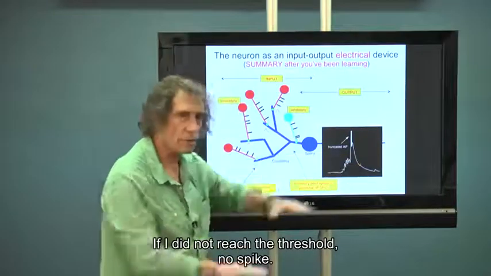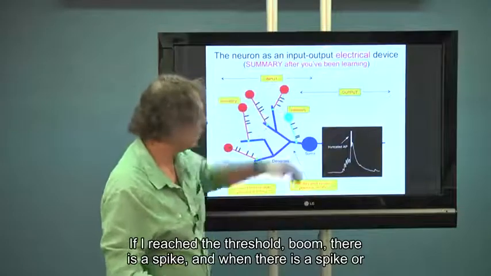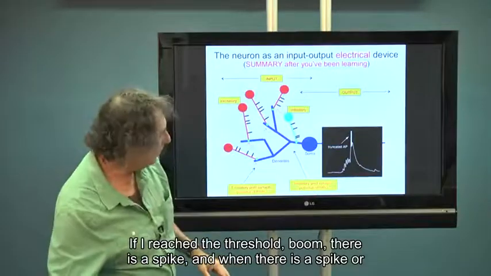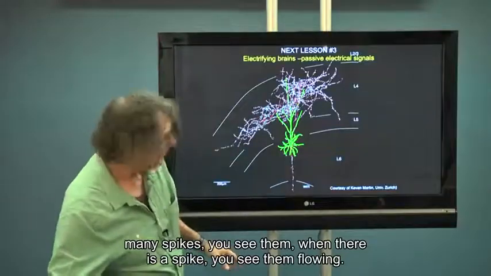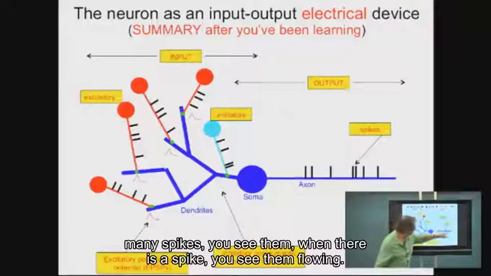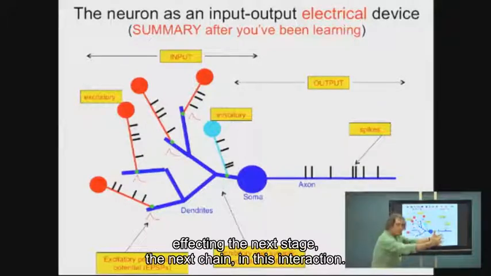If I did not reach a threshold, no spike. If I reach a threshold, boom, there is a spike, and when there is a spike, or many spikes, you see them flowing, one spike after the other spike into this axon, affecting the next stage, the next chain in this interaction.